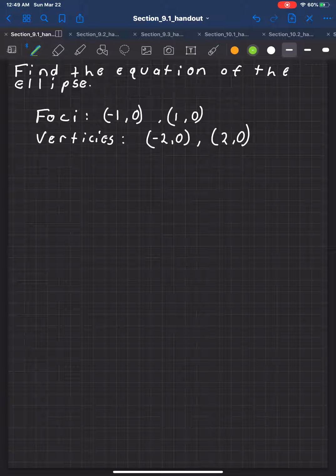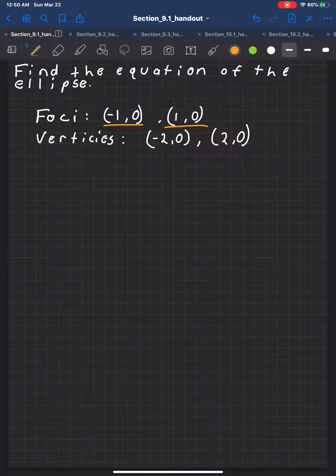Now listen to me, this is the key part right here. What you want to ask yourself is, where are my focal points located? Because you know they're always on the major axis.